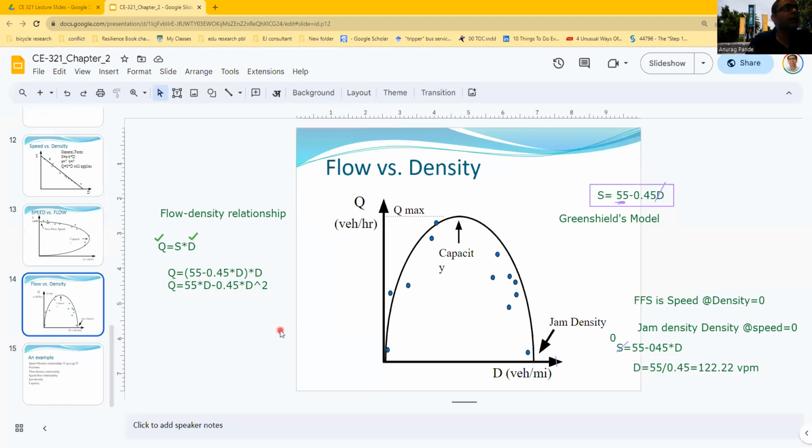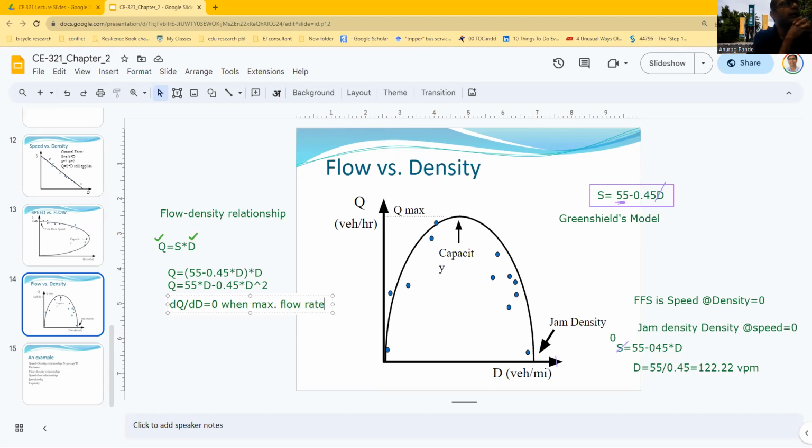Okay, it's a quadratic equation, so all I need to do then is find dQ over dD. To find the maximum of a quadratic function, you take the derivative of the function with respect to the x variable and you set that derivative equal to 0. That's when your y variable is maximized.